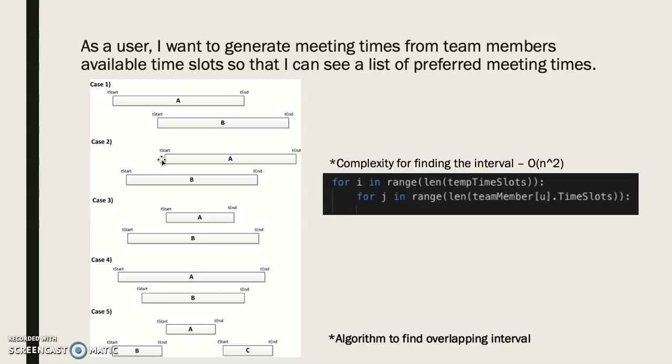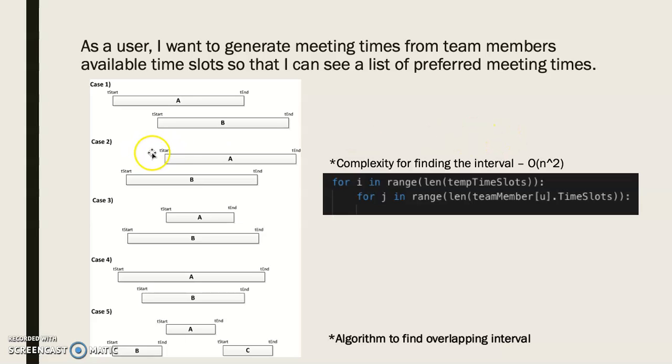Case 3 is the start time of A and the end time of A overlapping, and so on. The complexity of finding the intervals is O(n^2), because I used a simple nested for loop.